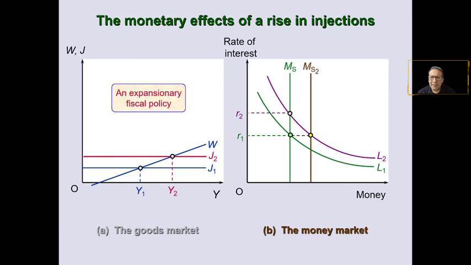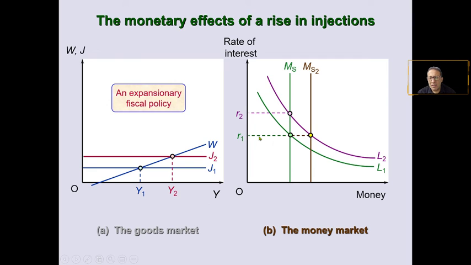When money demand increases as a result of more money in the economy, money supply increases as well, from MS to MS2. So we then have a decrease in the interest rate along this curve as well.